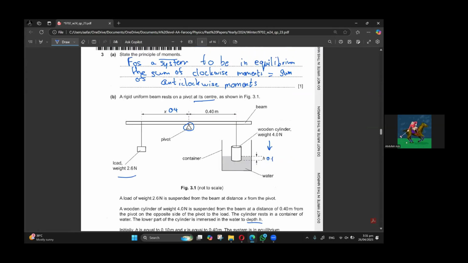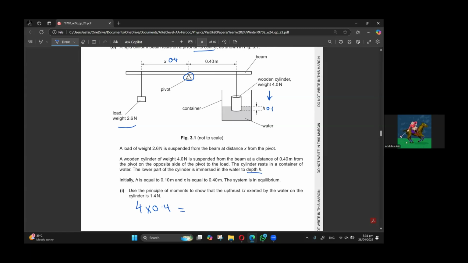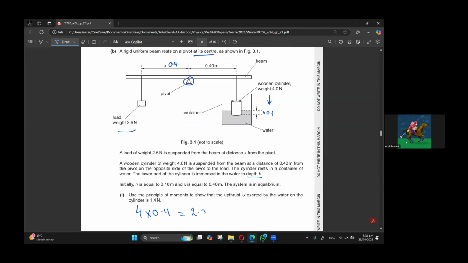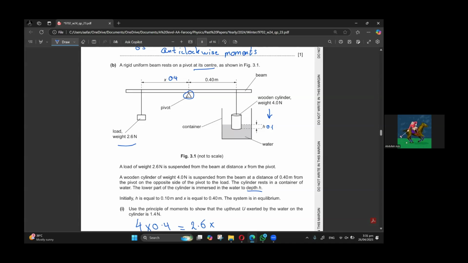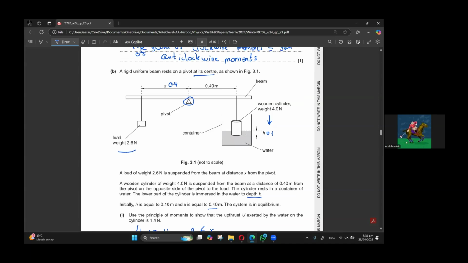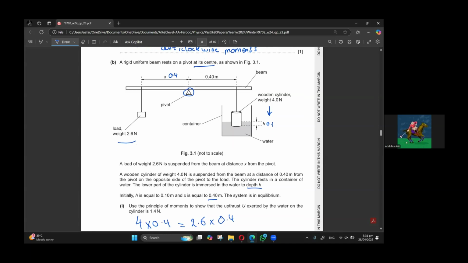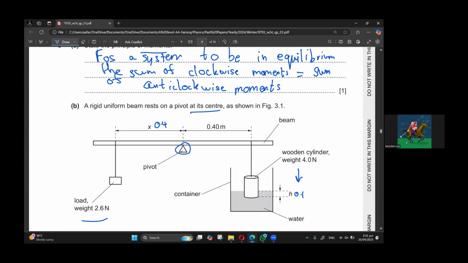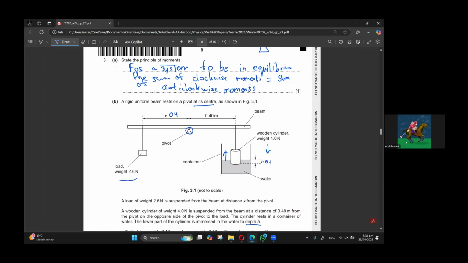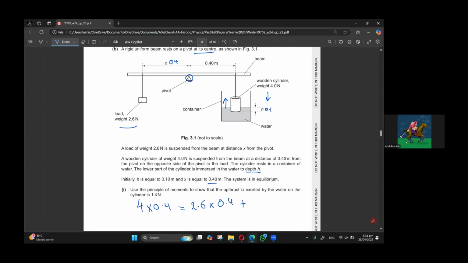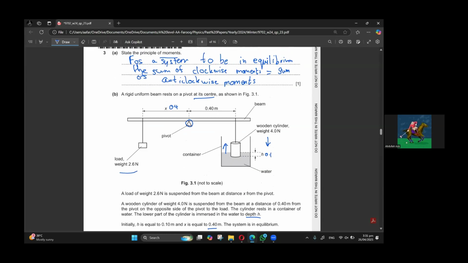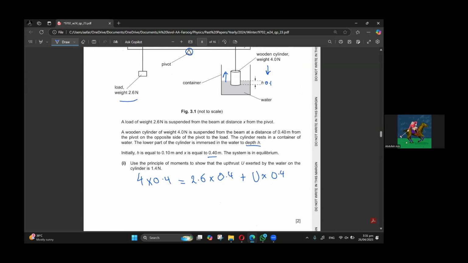First anti-clockwise we have the load of 2.6 newtons, 2.6 into 0.4, which the question told us is x, 0.4, plus upthrust is acting over here. So technically, with respect to the pivot, it is also acting in the anti-clockwise direction. So we can say U into 0.4 because it's this perpendicular distance. From here, we calculate U.